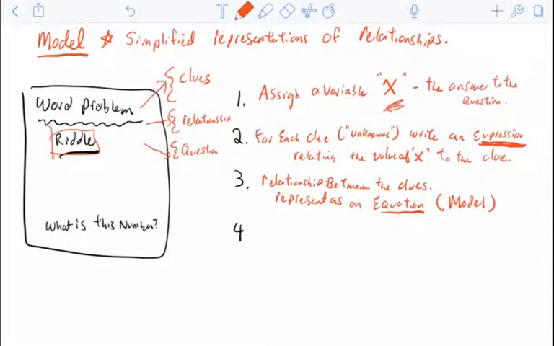And then step 4 is I put it all together. You have the model, which is the relationship between each of the clues. You have each clue represented as an expression of X, so then you solve the equation for X, which is the solution.